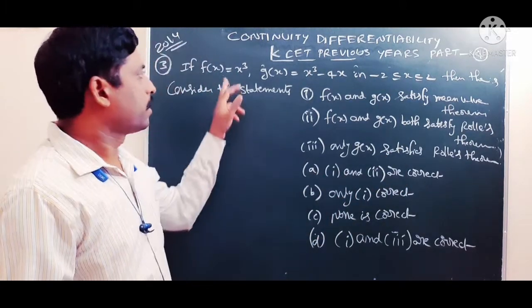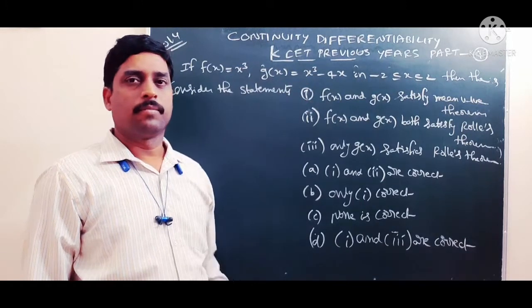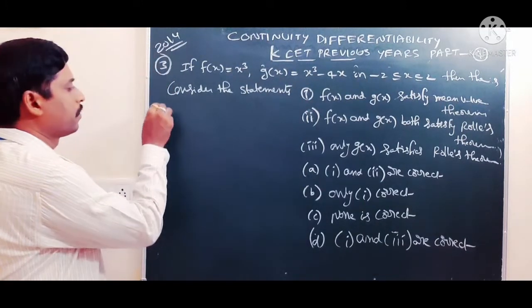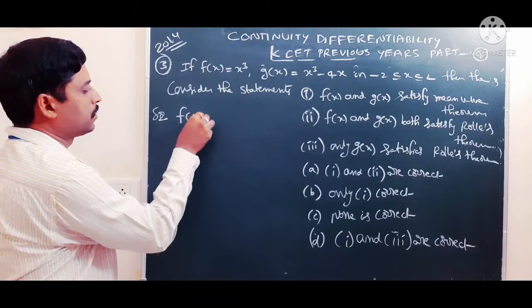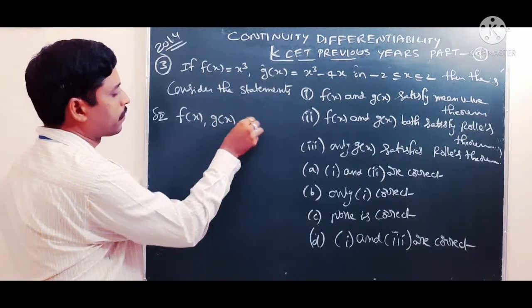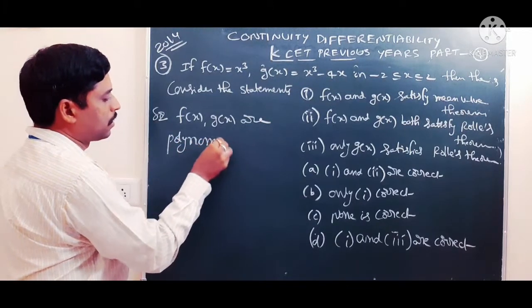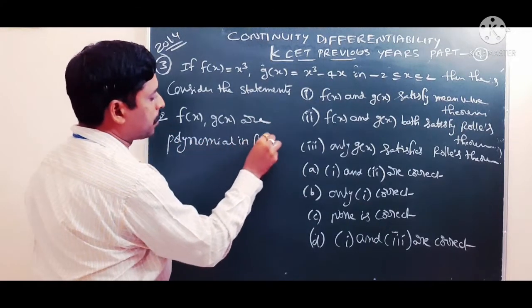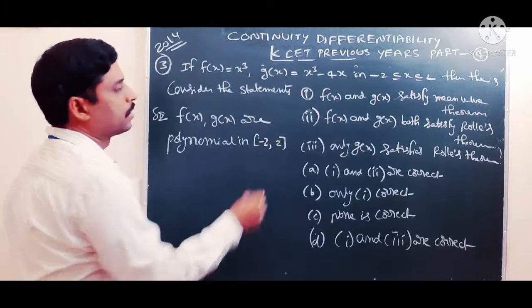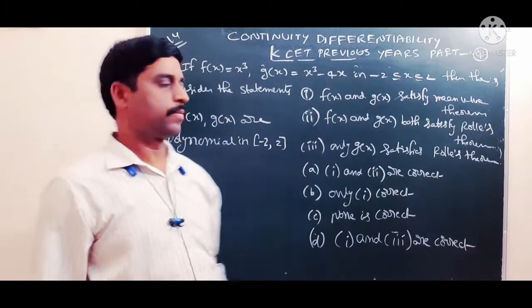Okay. So f of x and g of x are polynomials in the interval minus 2 comma plus 2. So minus 2 to plus 2 interval is given.